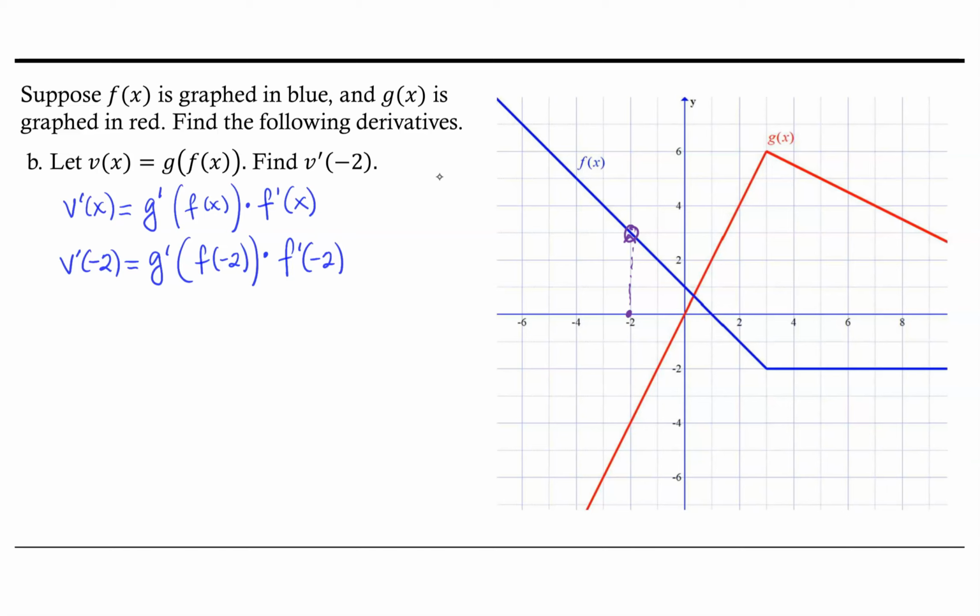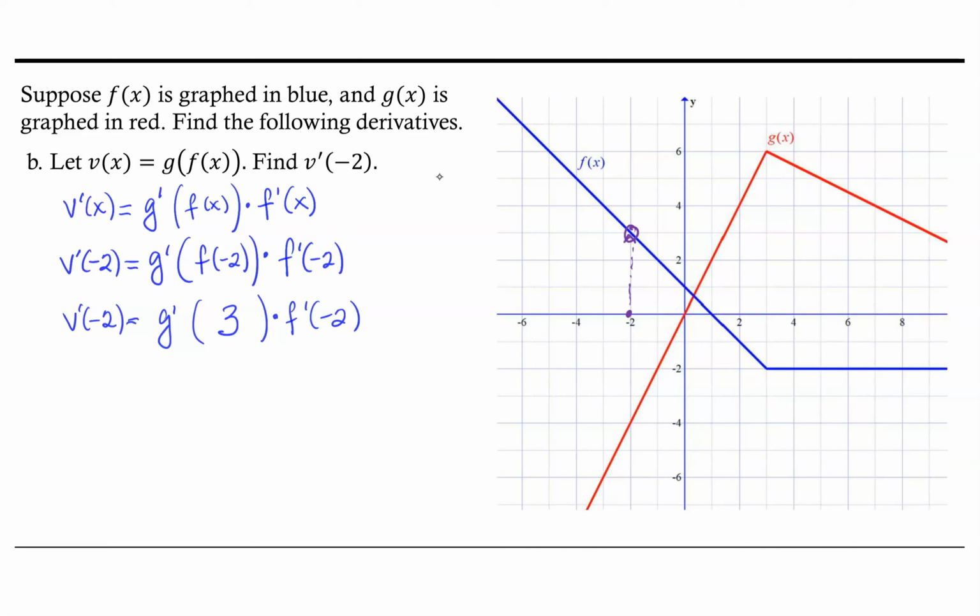So we're going to have v prime at -2 equals g prime of 3 times f prime at -2. Well, at this point, we need to start thinking about derivatives, the derivatives of these functions.